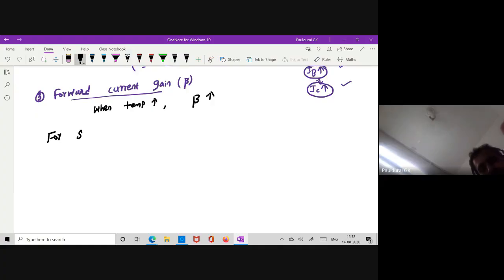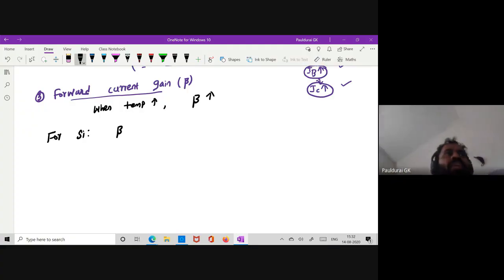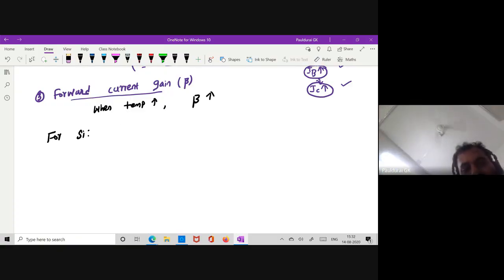For a silicon transistor, beta, any guess? What will happen in a silicon transistor, and what will happen in germanium? I will write it.